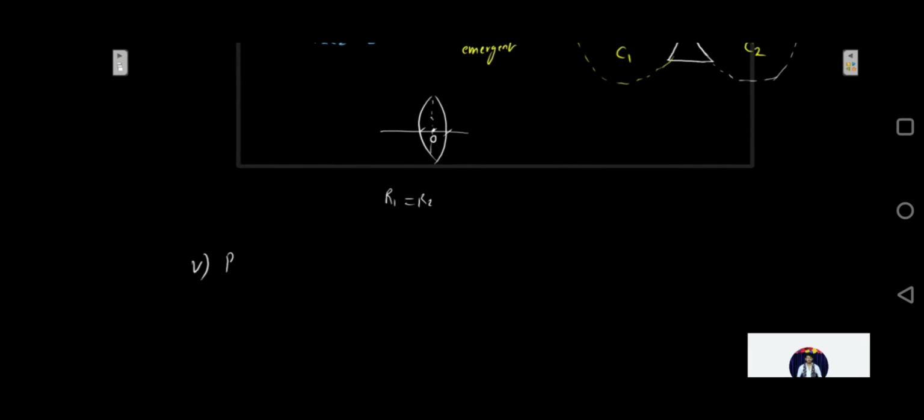In the case of lenses, there will be two principal foci. One we call the first principal focus, and the second one we call the second principal focus. So what do we mean by the first principal focus?